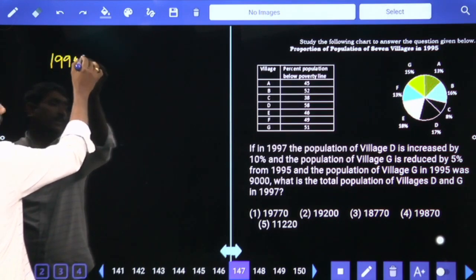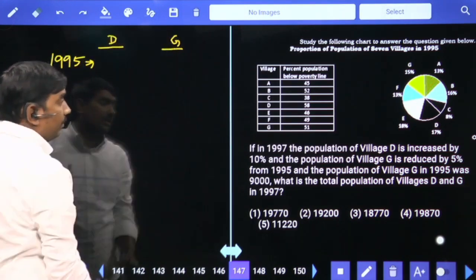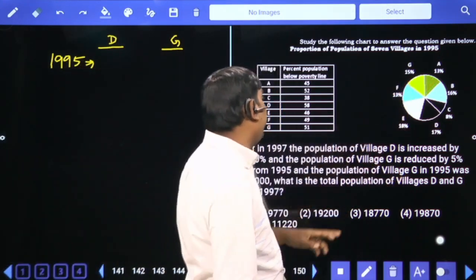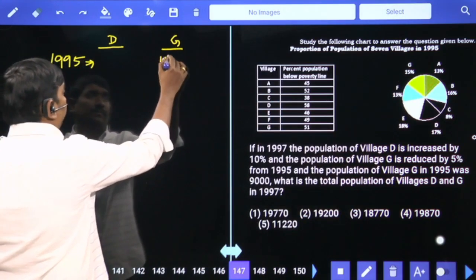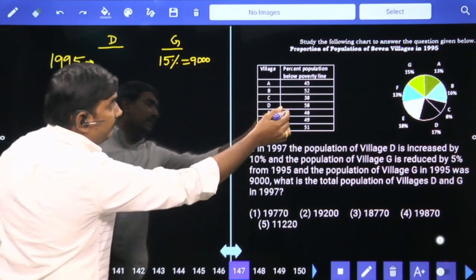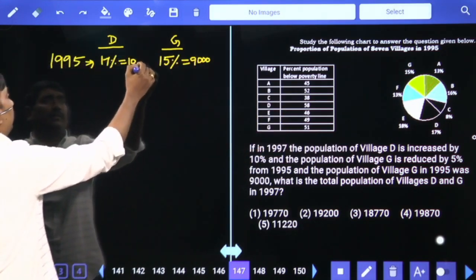First of all, in 1995, village G is given as 9,000, village G 15% value 9,000, 1% value 600, village D 17% means 10,200.